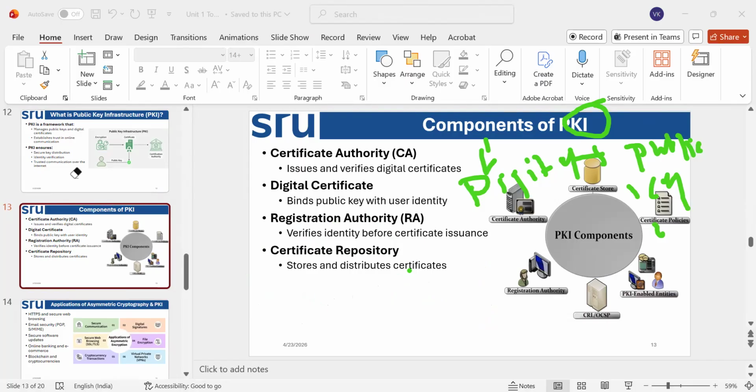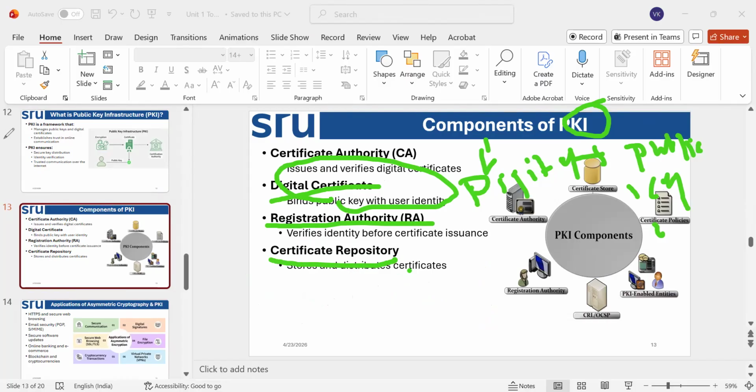Now, the certificate authority is one component. The second component is the digital certificate, which binds a public key with the user identity. Then there are the registration authority and the certificate repository.